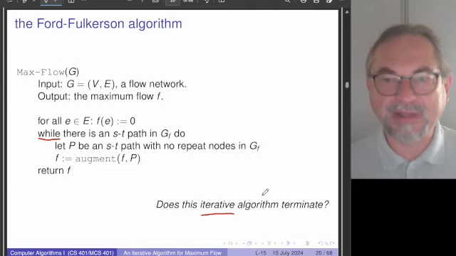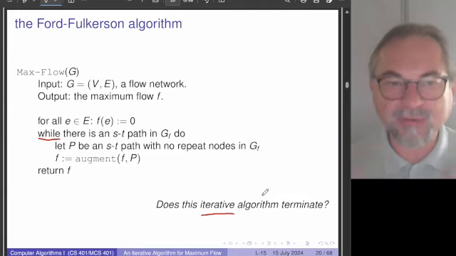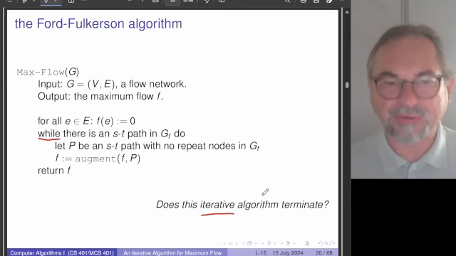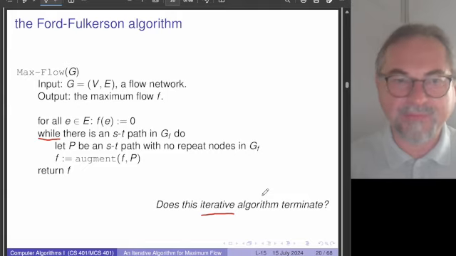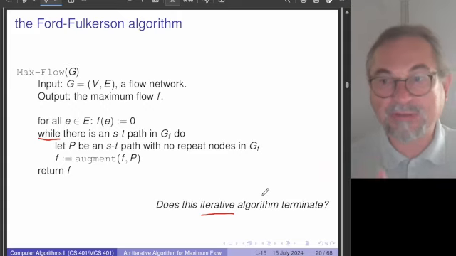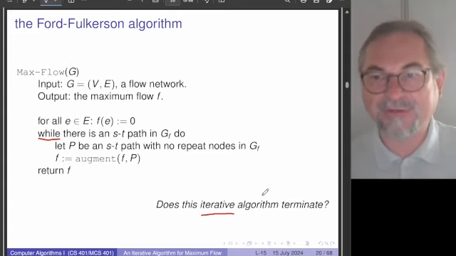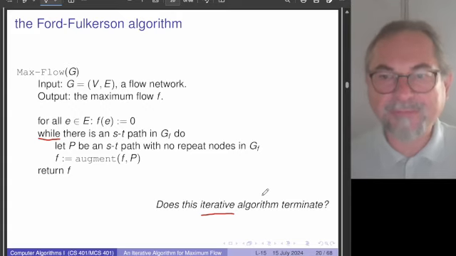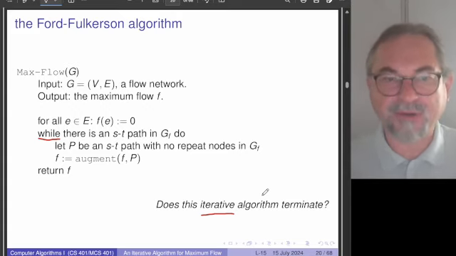And that's an indication that as long as there is a path in the residual graph, we will augment the flow. Now, the condition for an algorithm to be an algorithm is that it terminates.